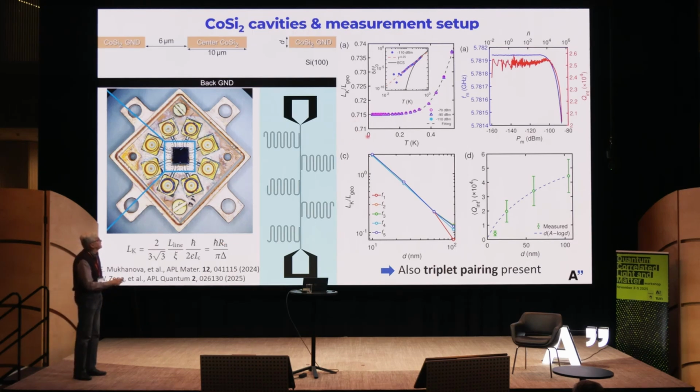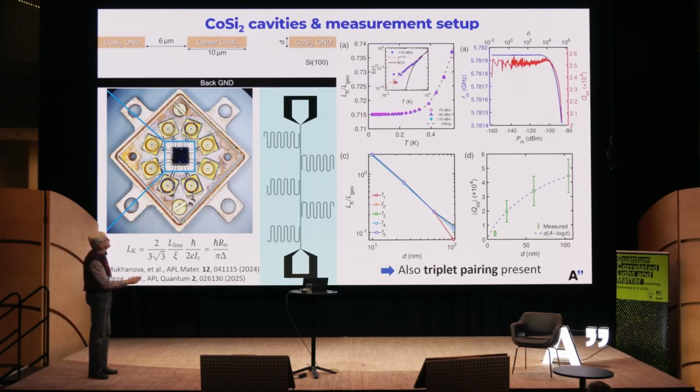It's shown here as a function of temperature. If you now plot the deviation from the zero temperature value, you get this inset, a logarithmic scale for the change of the frequency as a function of temperature.